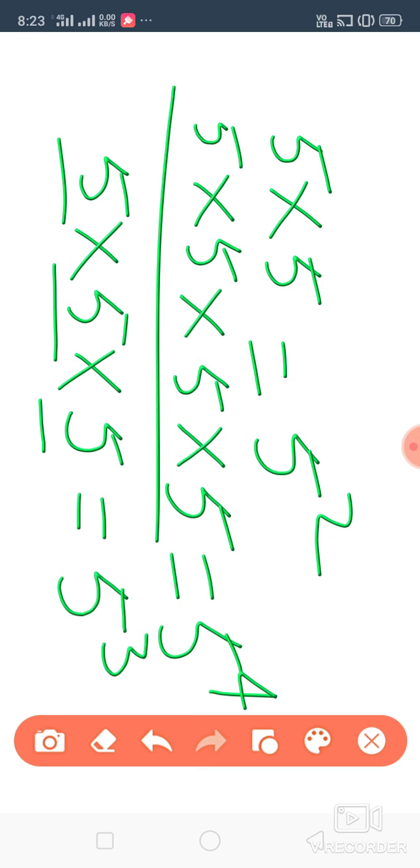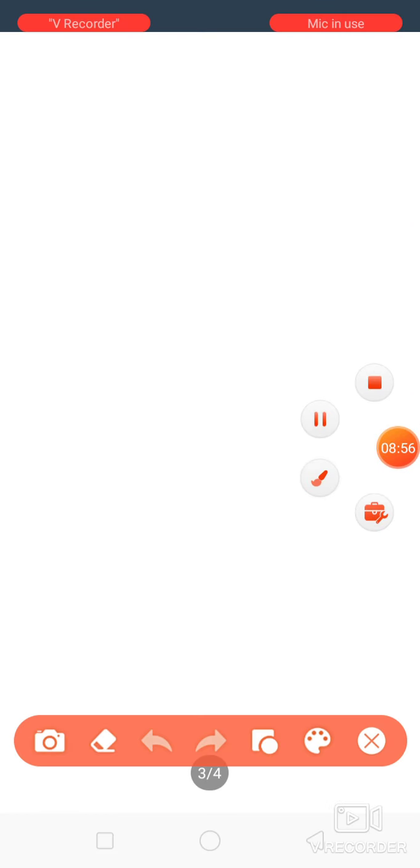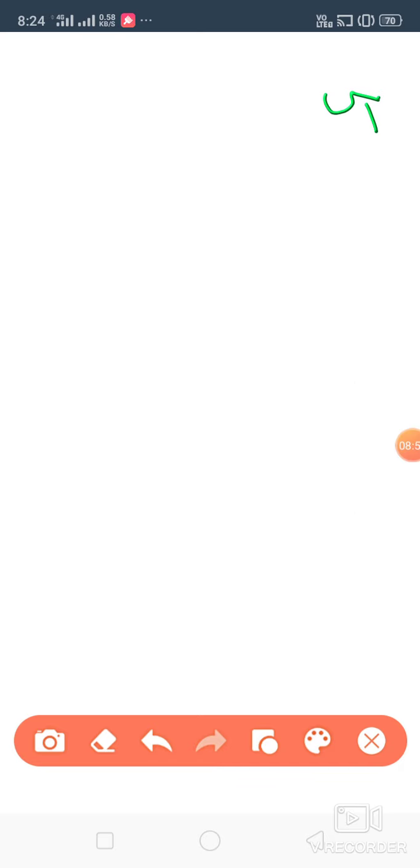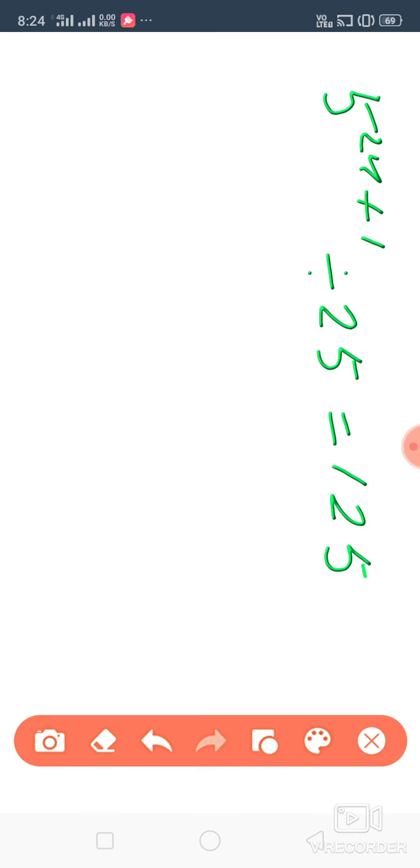Now we'll try to solve question number 13. It is given 5 to the power 2x plus 1 divided by 25, which is equal to 125.